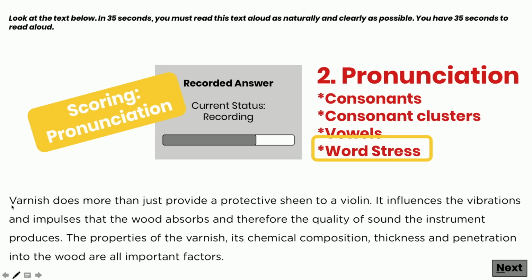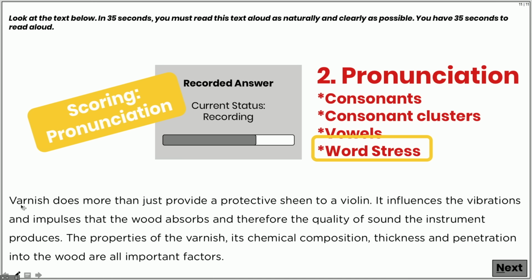Okay, so if we look at a word like varnish, for example. In English we say VARnish. So there's emphasis on the first syllable, and it sort of tapers out there. There's more emphasis on this syllable, this part of the word, than the second syllable.